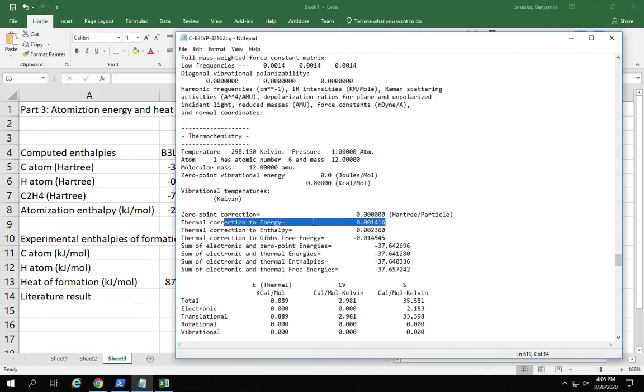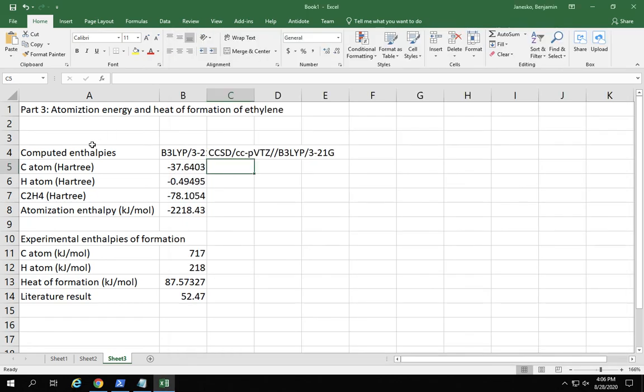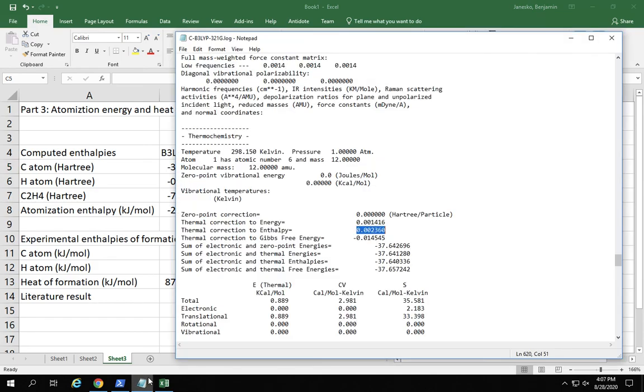Jumping back here again. The thermal correction to the enthalpy, 0.002360 Hartree, that's for the carbon atom. For the carbon atom we have 0.002360.